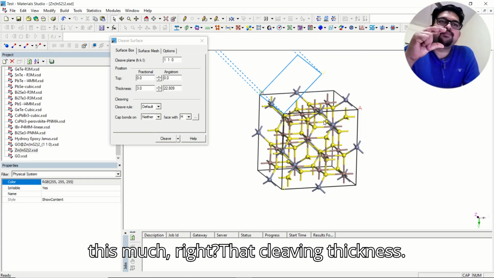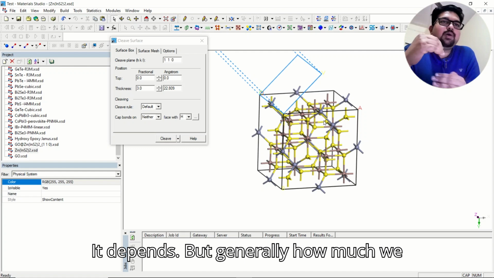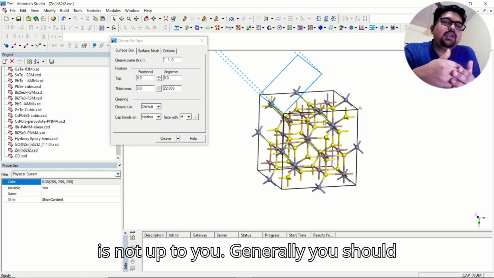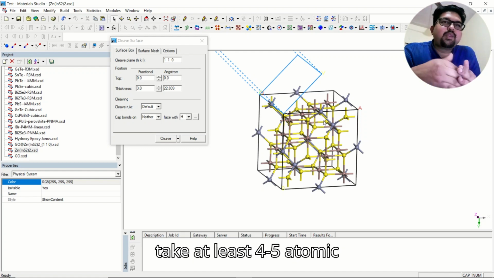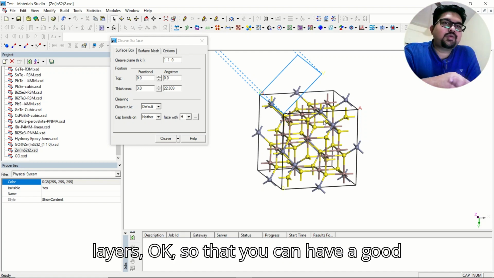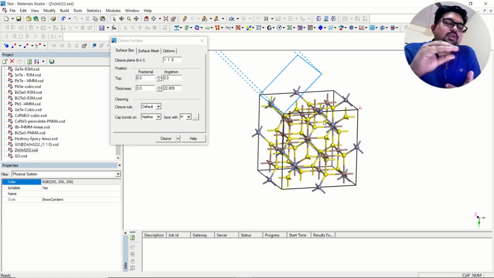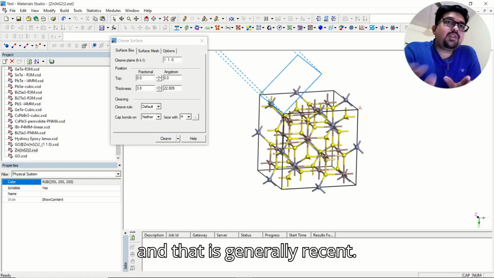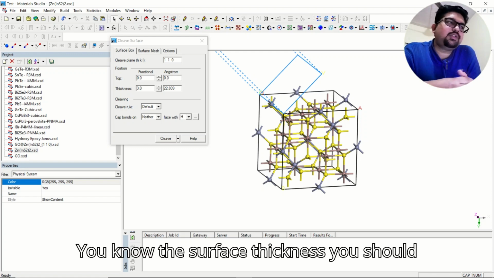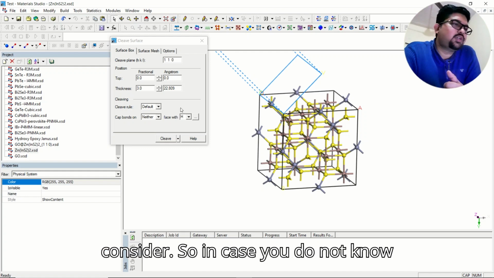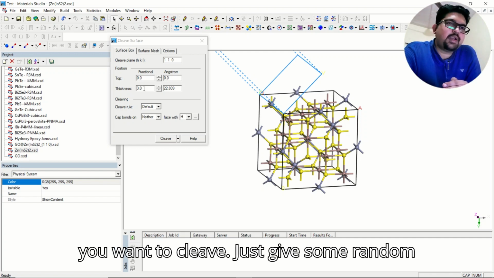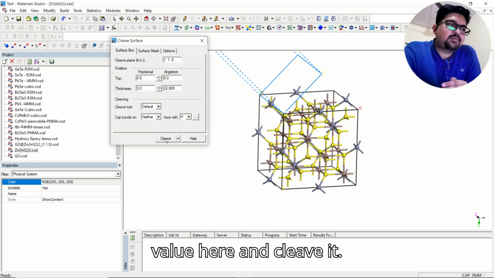That cleaving thickness depends, but generally you should take at least 4 or 5 atomic layers, so that you can have a good amount of atomic interactions, and that is generally a decent surface thickness you should consider. In case you don't know what thickness you want to cleave, just give some random value here and cleave it.